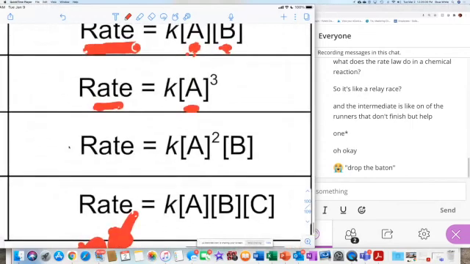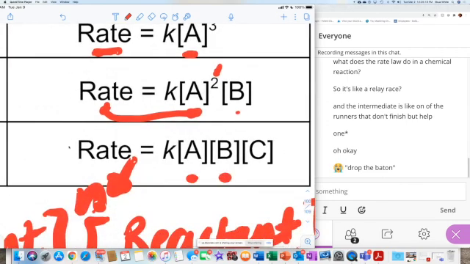Here we have two reactants: A influences the rate more than B because A is second order and B is just first order. Here we have three different reactants, A, B, and C, and all of them influence the rate the same.